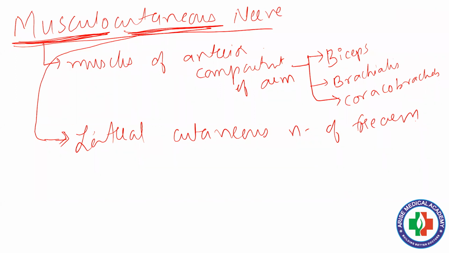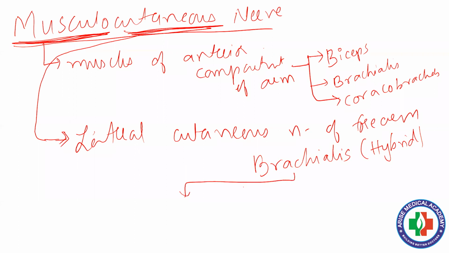Now, this muscle brachialis that we are discussing here among the BBC, this is basically a hybrid muscle. It has a dual nerve supply. It has a medial part and a lateral part.